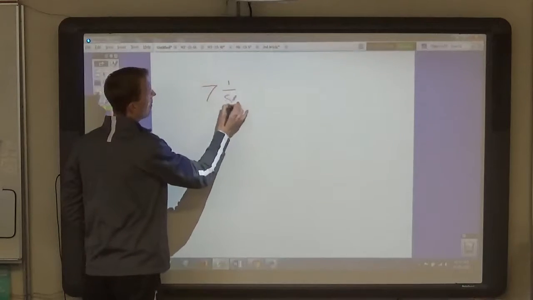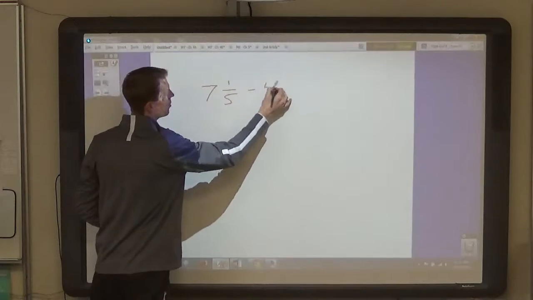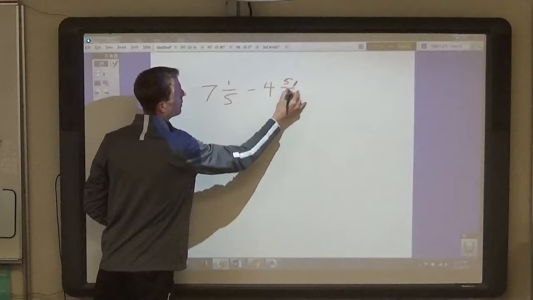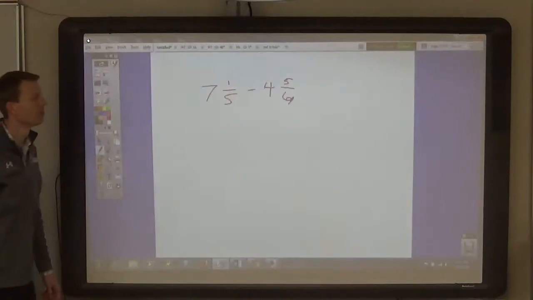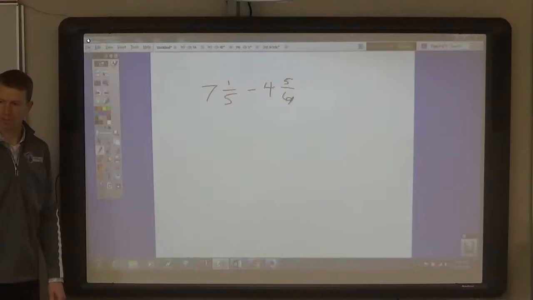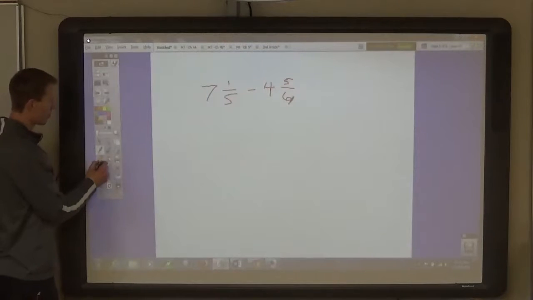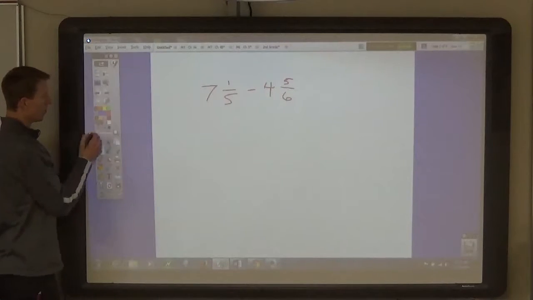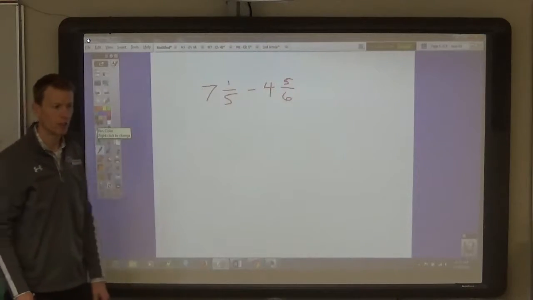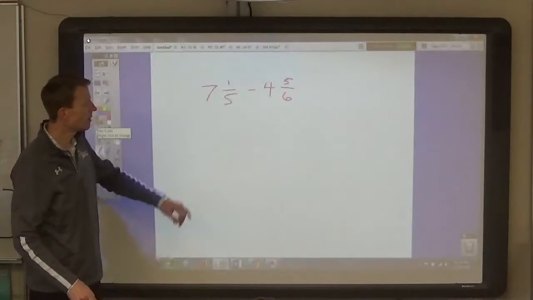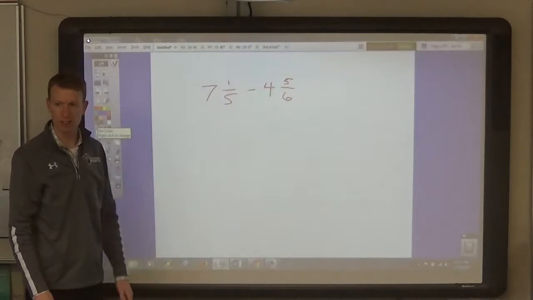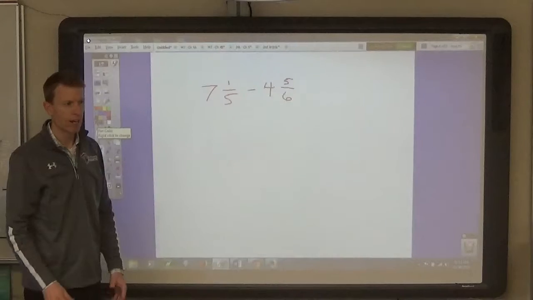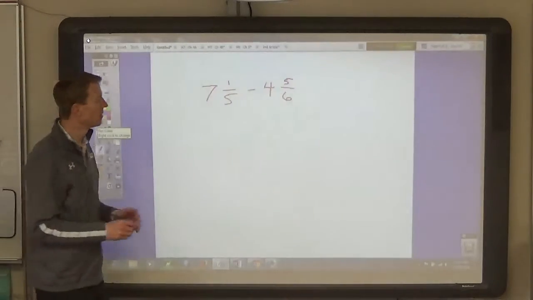7 1/5 minus 4 5/6. So now, first check to see if we have enough pieces, and we have to make the pieces all the same size.